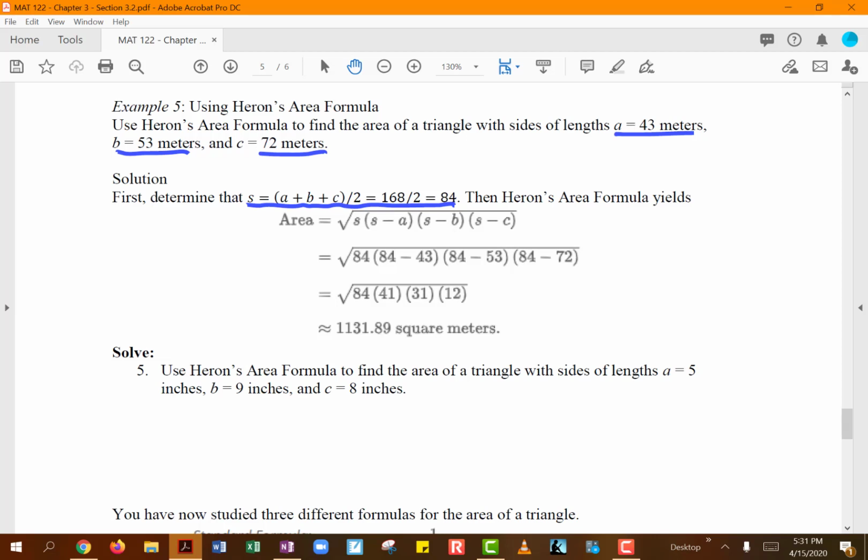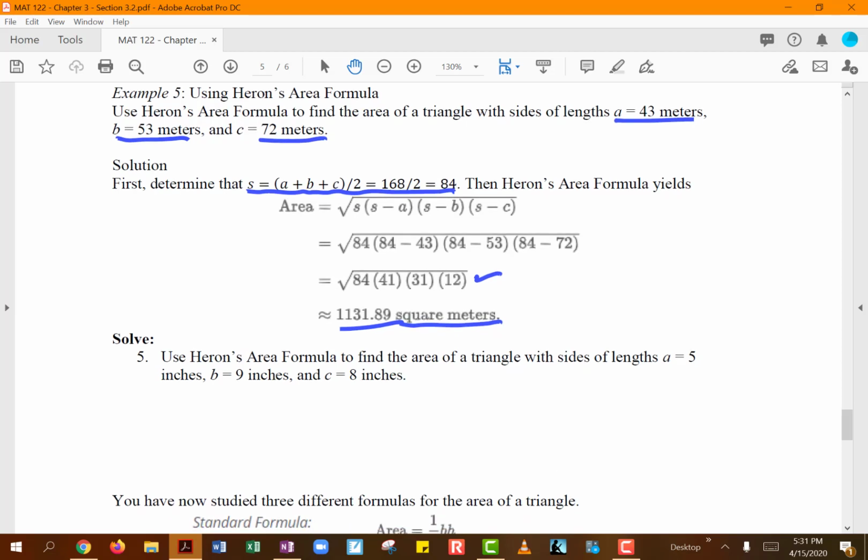Then you are multiplying under the square root: 84 times 84 minus 43, 84 minus 53, 84 minus 72. Multiply all of them together, take the square root, and your area comes out to be 1131.89 square meters. Since this is an area formula, you always have to write your measurements as square units.